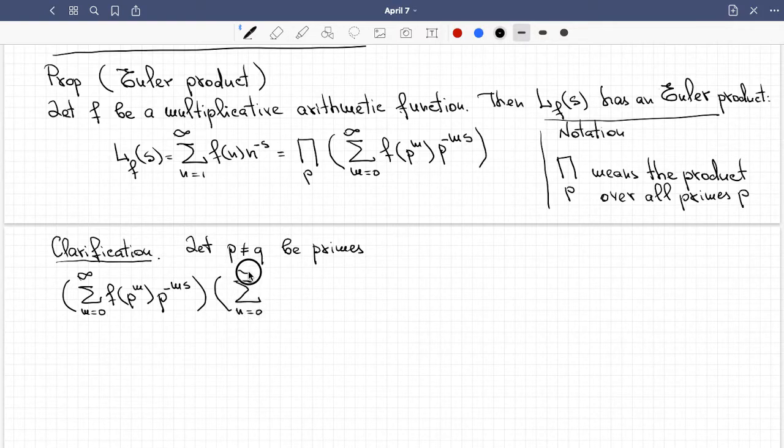From 0 to infinity, f of p to the n, p to the negative ns.